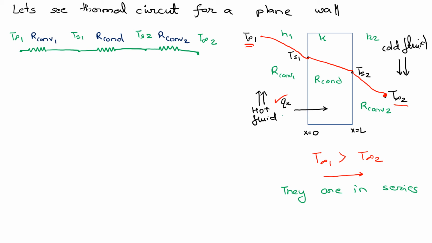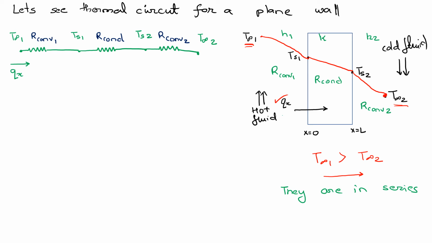And the direction of heat flow is from T infinity 1 to T infinity 2. Now, because they are in series, as we know from electrical circuits, when electrical resistances are in series, the current flowing across each resistance is equal.